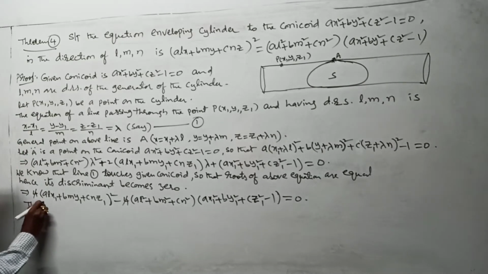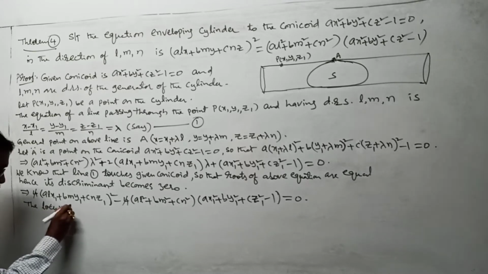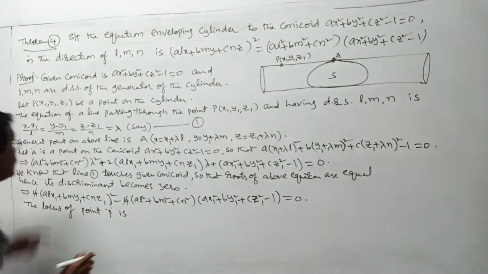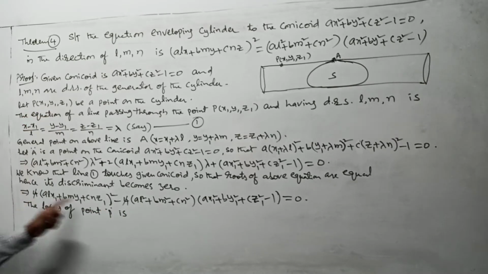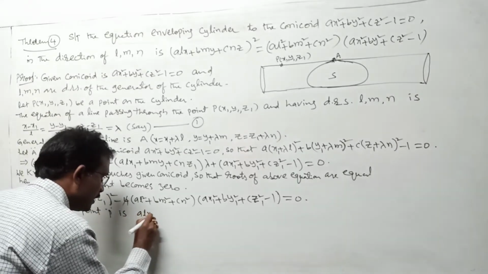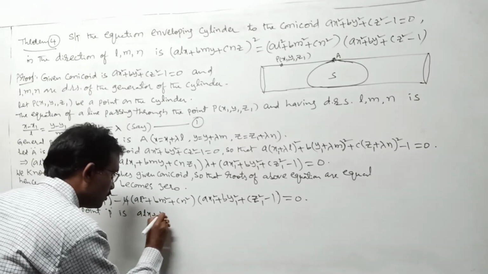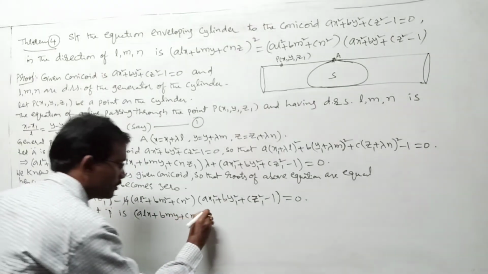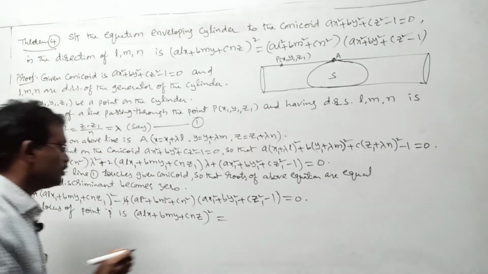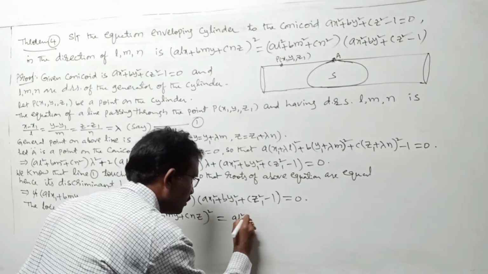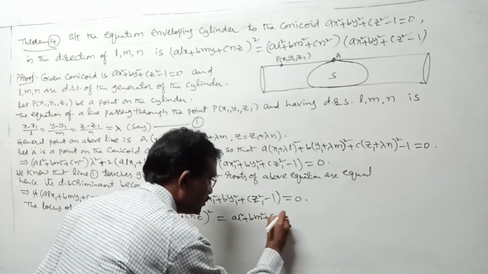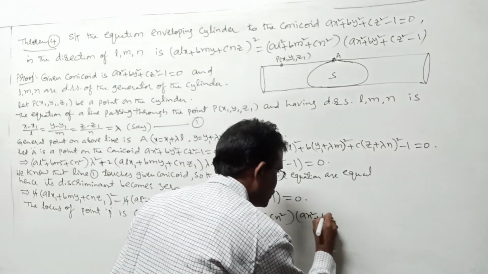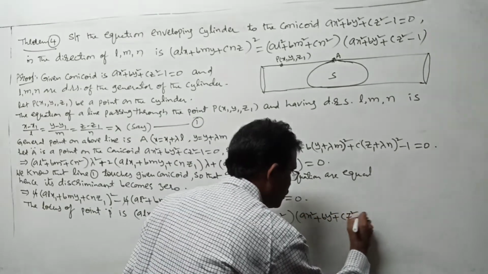The locus of point P is, yes, locus means replace x1 with x, y1 with y, z1 with z in this. (alx plus bmy plus cnz) whole square is equal to this negative term I am taking on the other side now: (al square plus bm square plus cn square) into (ax square plus by square plus cz square minus 1).